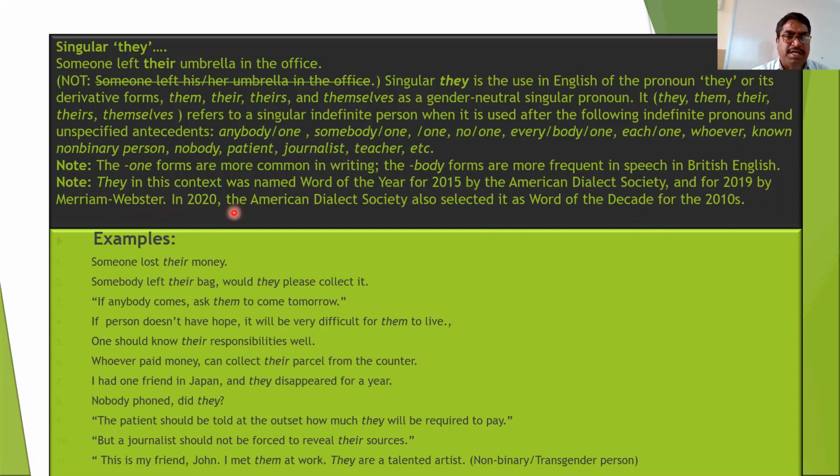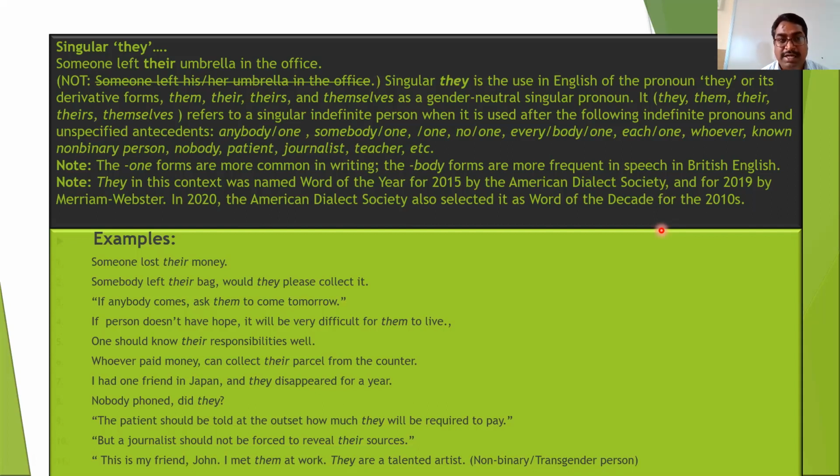In 2020, the American Dialect Society also selected it as the word of the decade for the 2010s. So from this, you might have understood how important this singular they is, right? Because it has been the word of the decade.